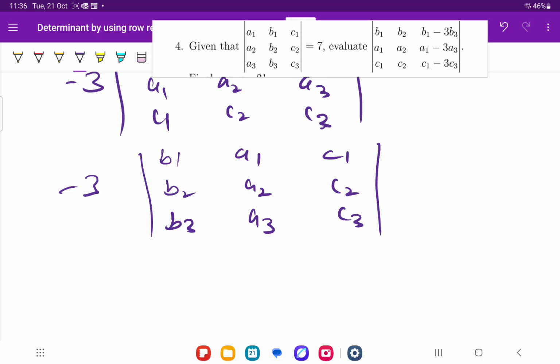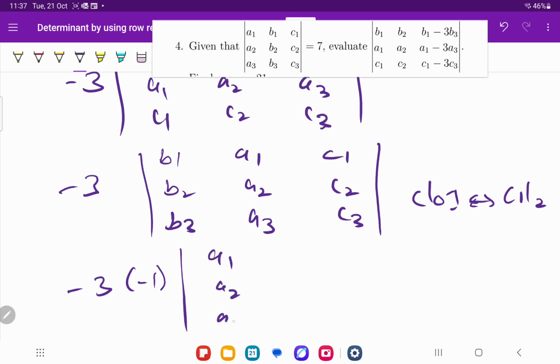So if we switch column 1 with column 2, whenever you perform a switching, as I told you in the previous class, in the last class we decided on one of the operations, which says that if you switch any row or any column, a minus sign can be taken out.